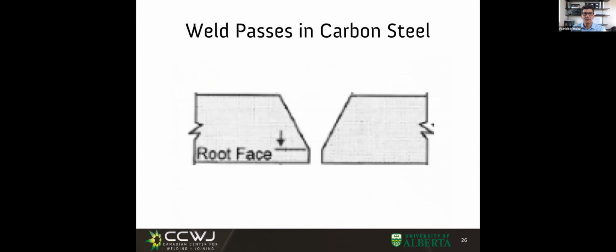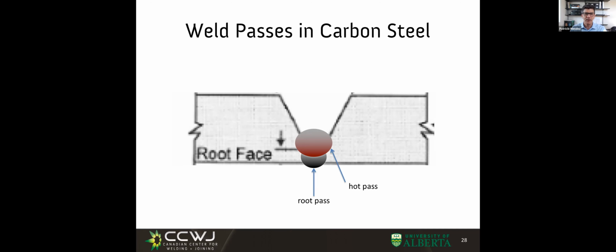Interesting, in carbon steel, typical of what we do in Alberta, the passes have names. The first pass on the root is the root pass. The second pass is typically done with a particular type of electrode that often has hydrogen, and hydrogen is bad. So there are still advantages in using that electrode, but it comes with the disadvantage of hydrogen.